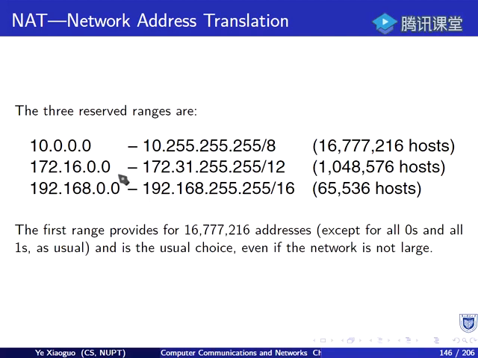The 3 blocks of private addresses listed here start with 10, 172, and 192. This block has about 16 million addresses, this one 1 million, and this one 65,000 hosts. It's very large.